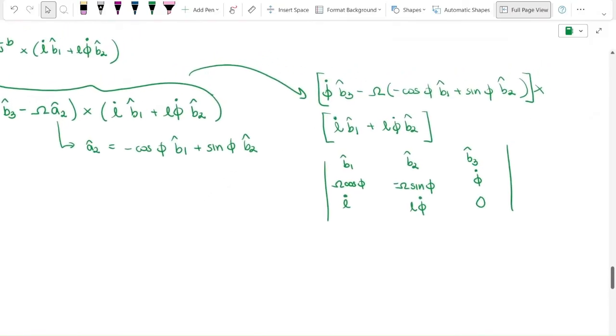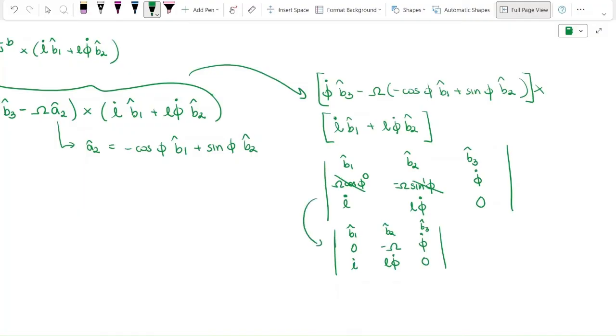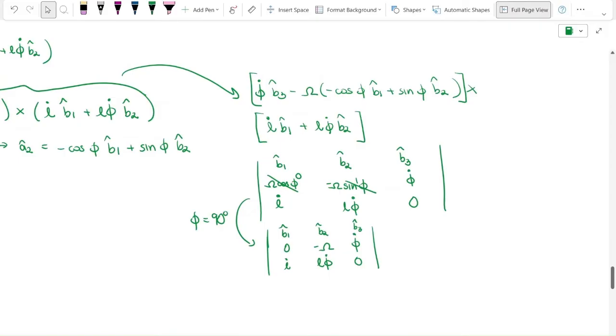Cosine of 90 degrees is just 0, so this becomes 0. Sine of phi is just 1. So then our cross product becomes 0, negative omega phi dot, 0, L phi dot, and then L dot. We plugged in phi equals 90, and this actually makes life much better.